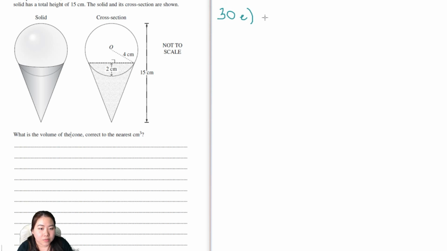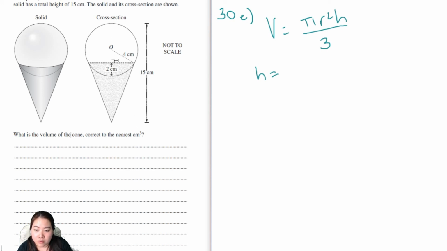So for the volume of the cone, it would be pi r squared h on 3. We can find the height first. The height is not 15 centimeters. We need the height from the end of the cone to the other end.